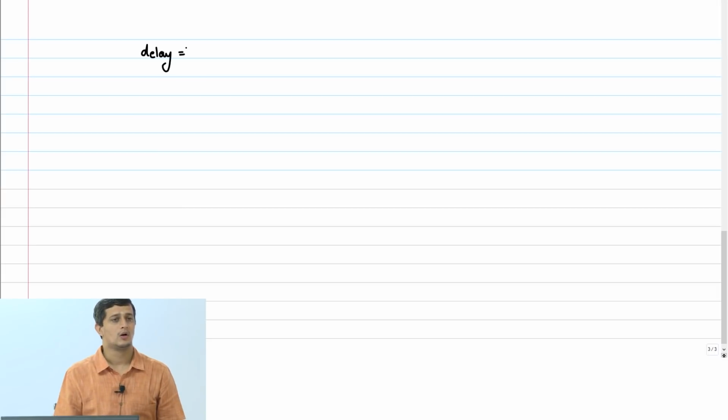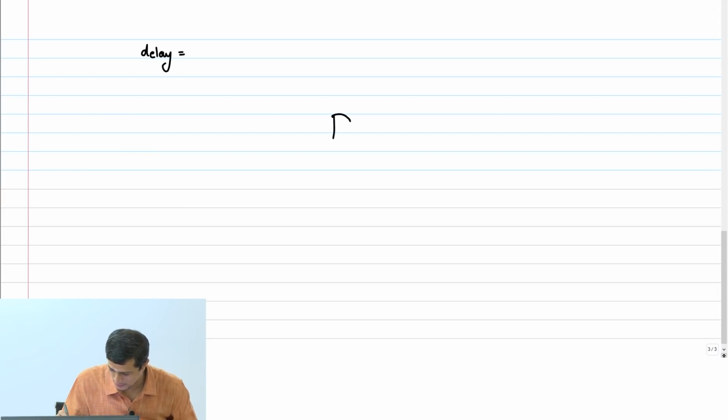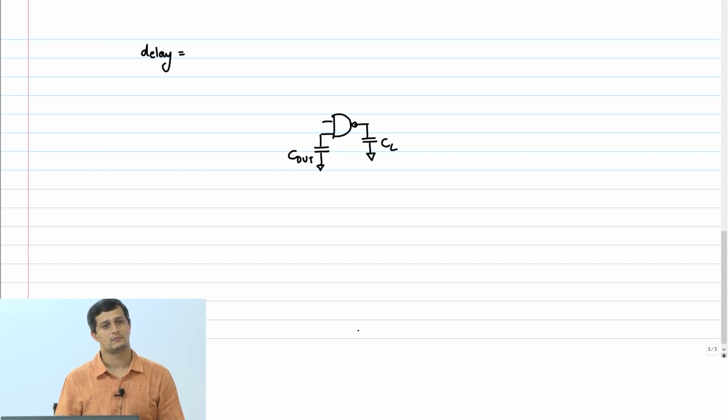right? And thereby the similar delay of charging a load capacitance. So let's just get back to our delay that we talked about yesterday. Okay, we said that we had, let's say, some device under test and it was driving a load capacitance CL and its capacitance was C DUT, right?